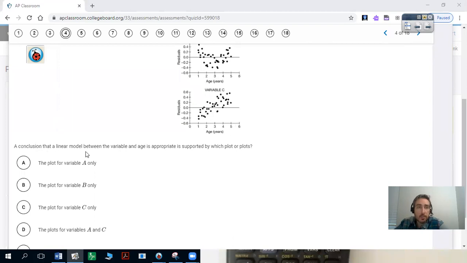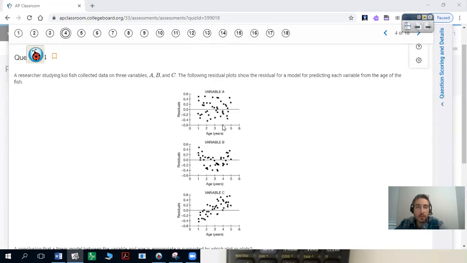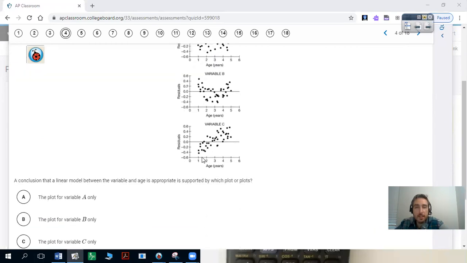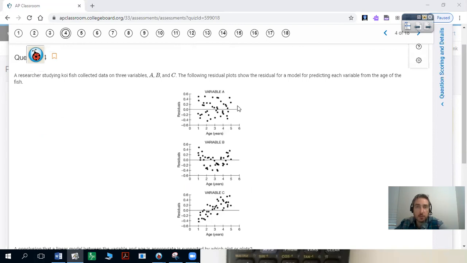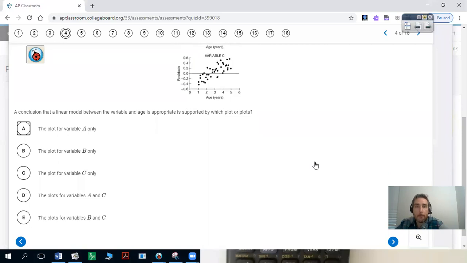A conclusion that a linear model between the variable and age is appropriate is supported by which of the plots? So I would say only A in this case, because B has a pattern and C has a pattern as well. It's going from negative to positive and it's not randomly scattered. So really only A is randomly scattered. So we want to pick that one.